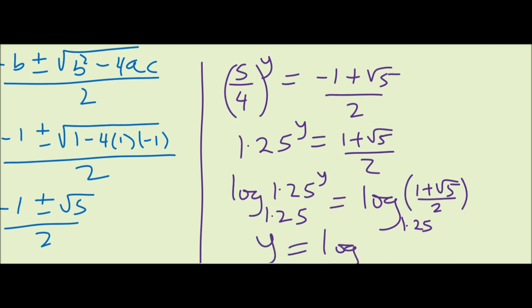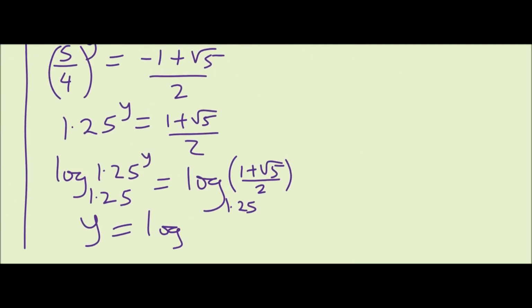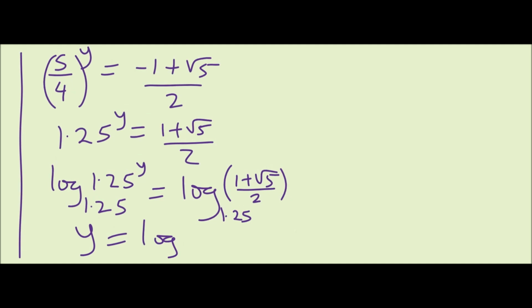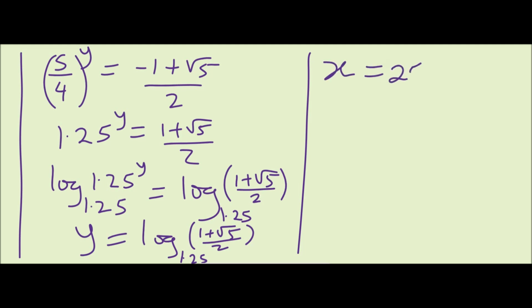I have log of minus 1 plus root 5, everything over 2, to base 1.25. This is y. Now don't forget x. From the question I made x the subject of the formula in two places. One, I said x is 25 to the power of y.